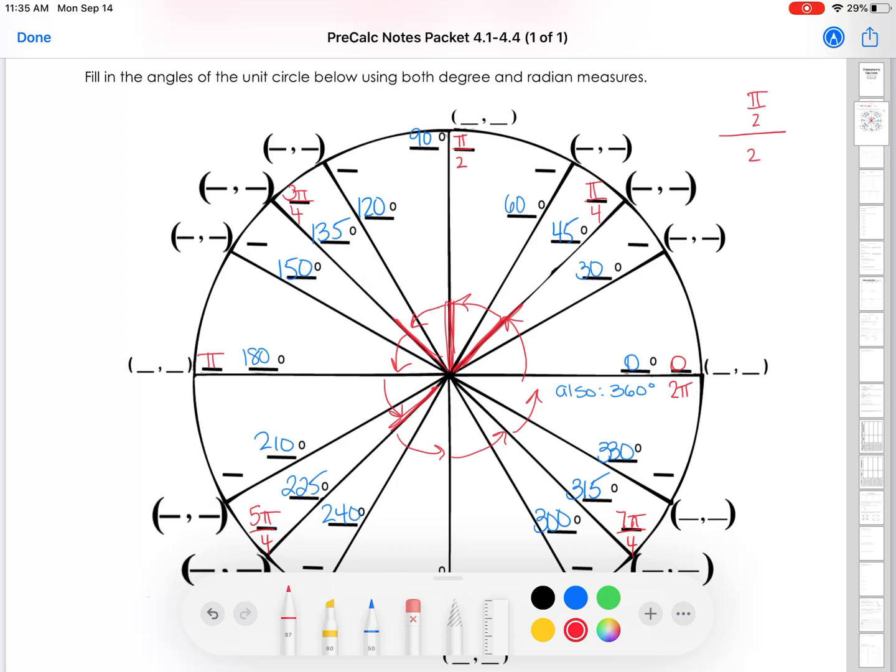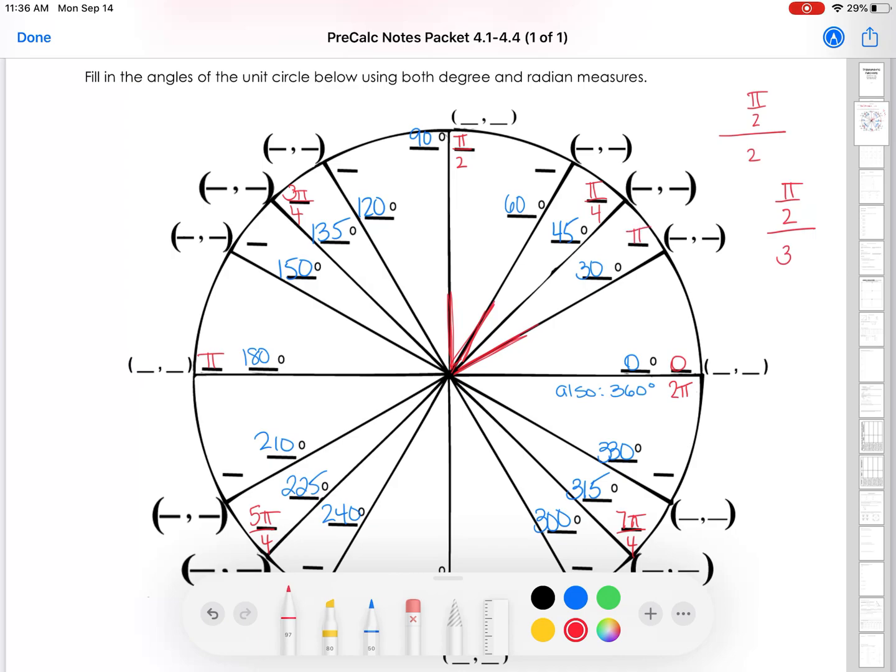Okay, same logic. Let's cut this into thirds. So instead, I've got a third. Okay, so we're taking our pi over 2 and cutting it into thirds. That'll give me pi over 6. So here's a third, here's another third.